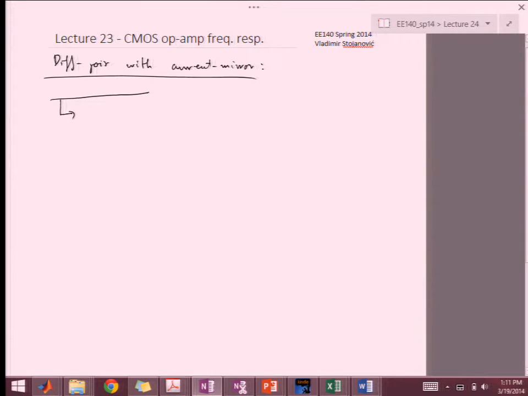So we have something like this. And then we can say, doesn't matter, we'll just label this I tail, because we really want to see what's happening in the top part of the circuit.